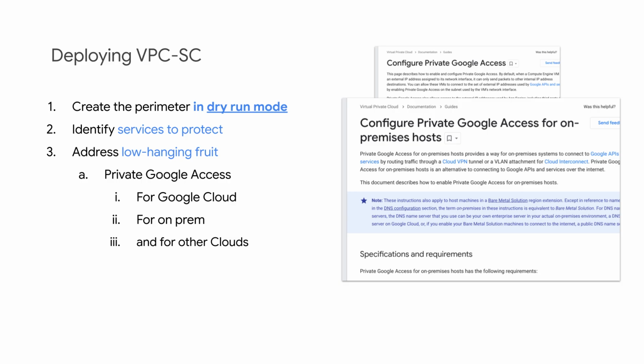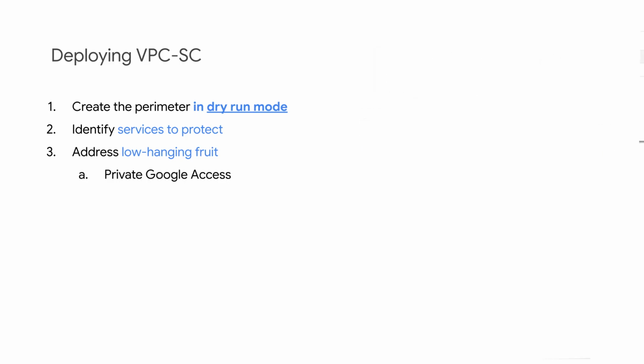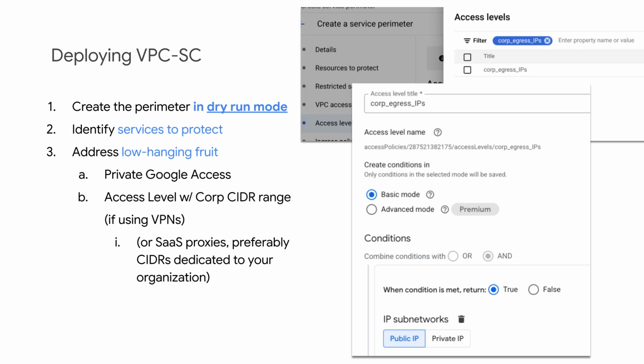The most common way for organizations to do this is with a combination of private Google access for on-prem, for CLI or SDK traffic, and an access level with their own corporate CIDR range if they use VPNs and hairpin their employees' traffic back on-prem. So it then egresses their own corporate proxies via their own corporate IP space. That allow lists their employees' console traffic and ensures that their employees have to be on VPN to access the company's cloud resources.